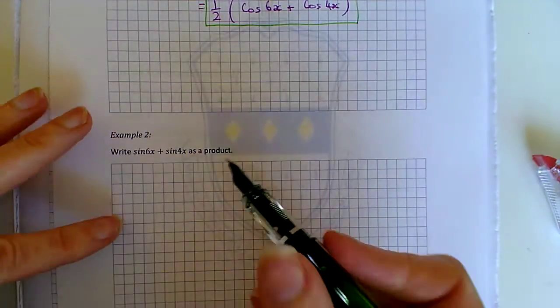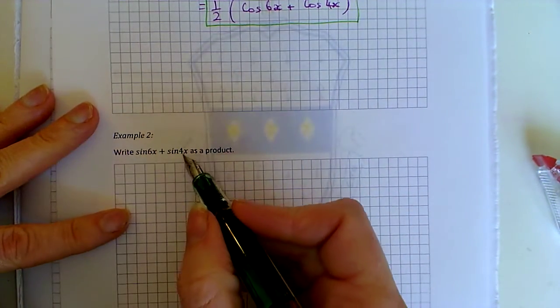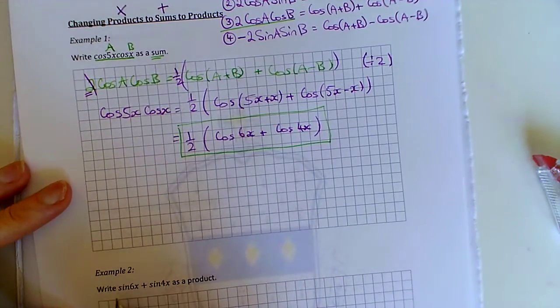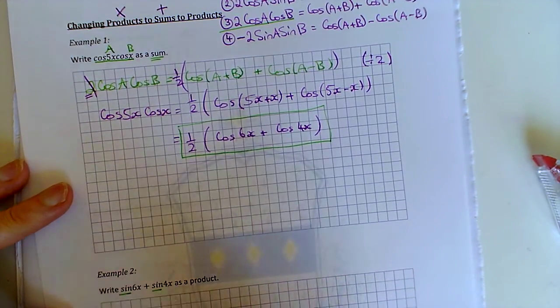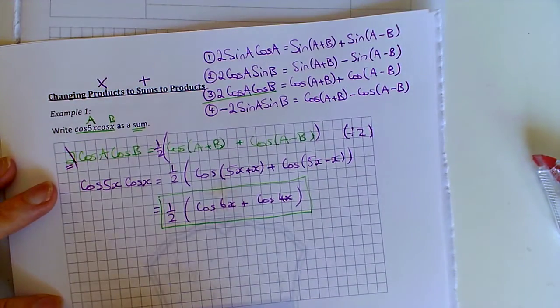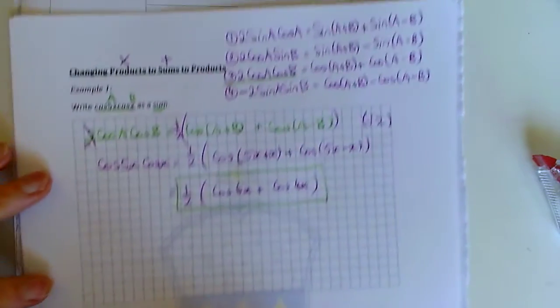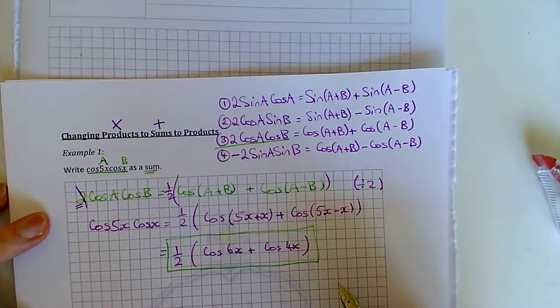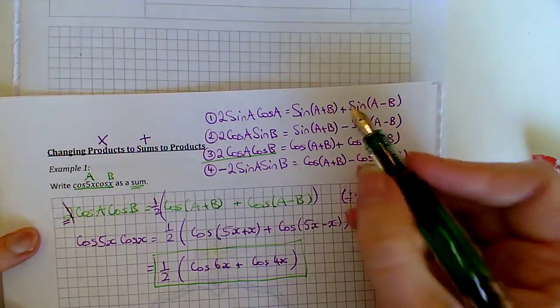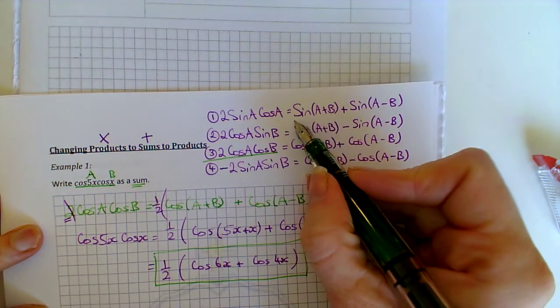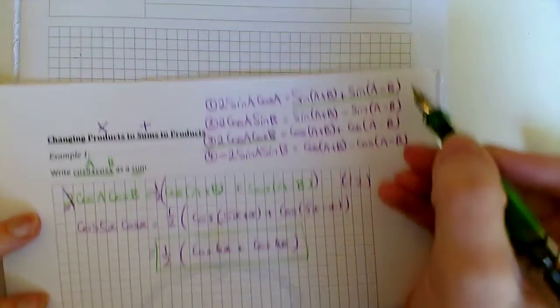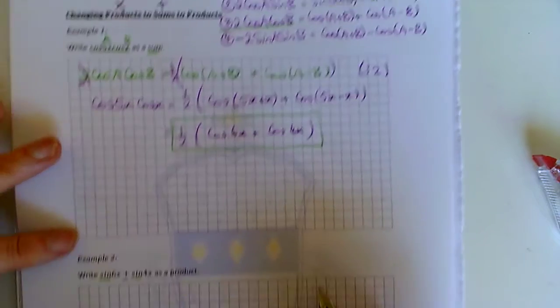I'm looking to write a sum of sines as a product. So I've got a sine here and a sine here, and there's a plus between them. Which of these formulas here works for me? And here we go. Sine of A plus B. So let's just write down the formula down here.